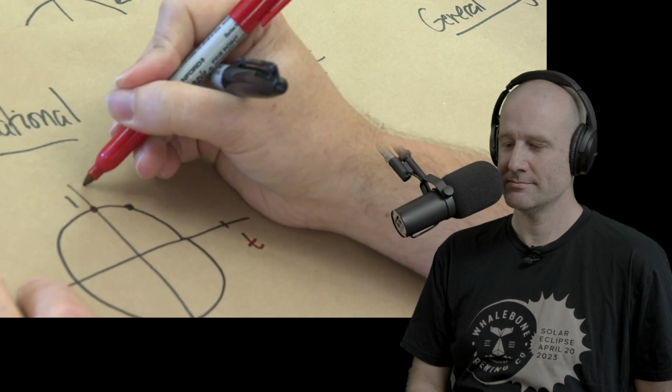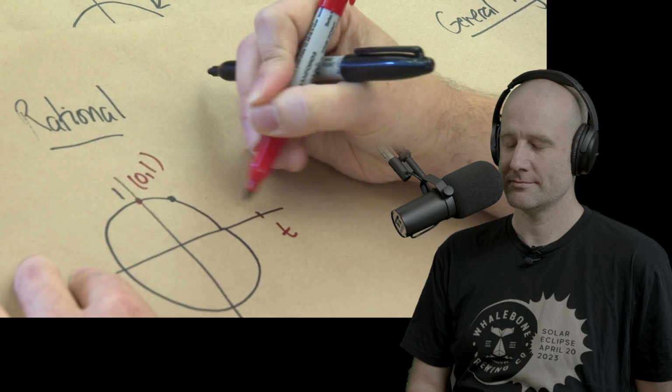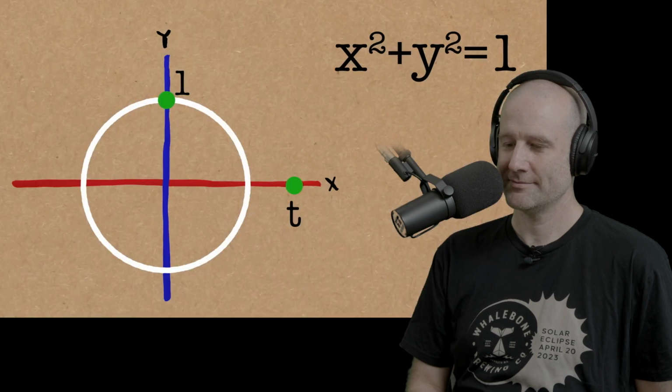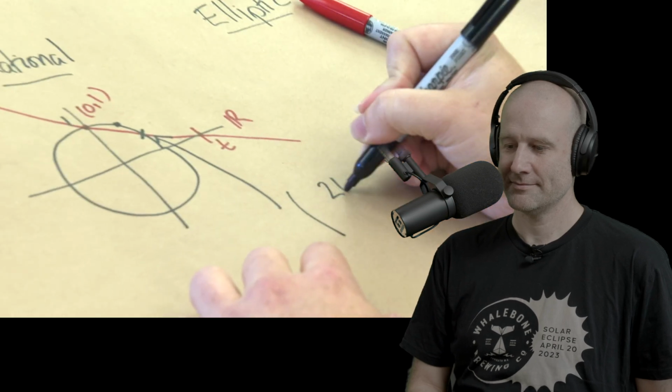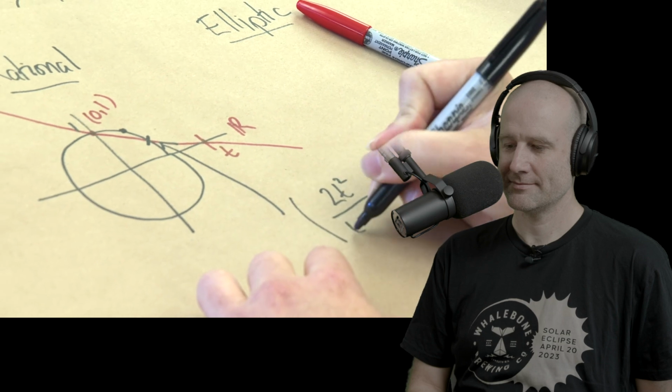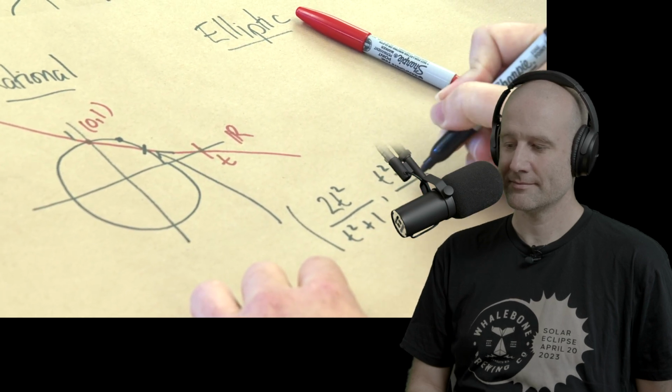Here's already a point on the surface, 0, 1. If I take the line that connects that point to some number t on the real number line, then I can do a little bit of analytic geometry and compute this. You'll see that it's 2t squared divided by t squared plus 1, and then t squared minus 1 over t squared plus 1.